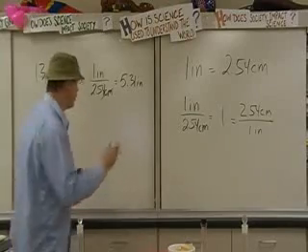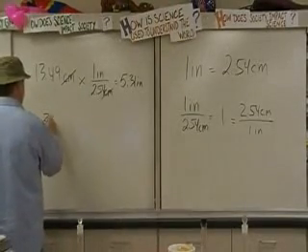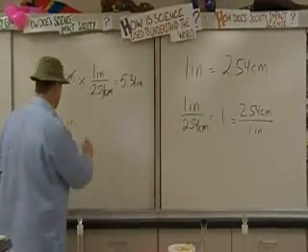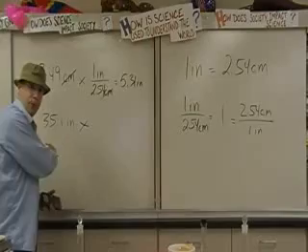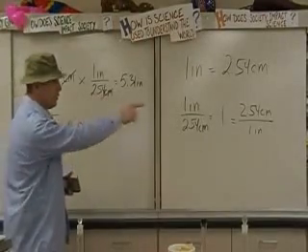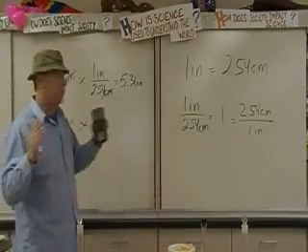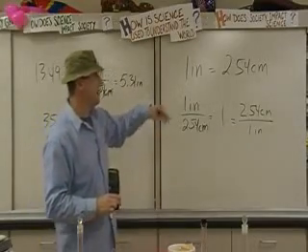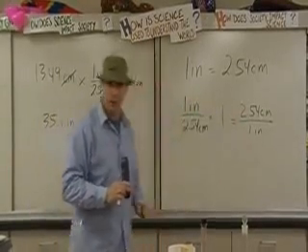Let's go the other direction. Let's say we have 35.1 inches, and I want to know how many centimeters that is. Well, once again, write down what they give you. Then use a conversion factor showing you the relationship between the two systems. Use a conversion factor that gives you what you want and gets rid of what you don't want.